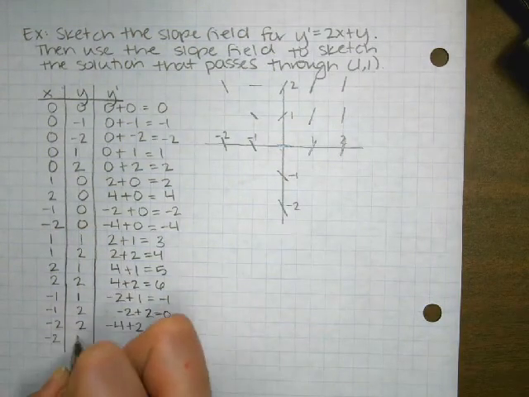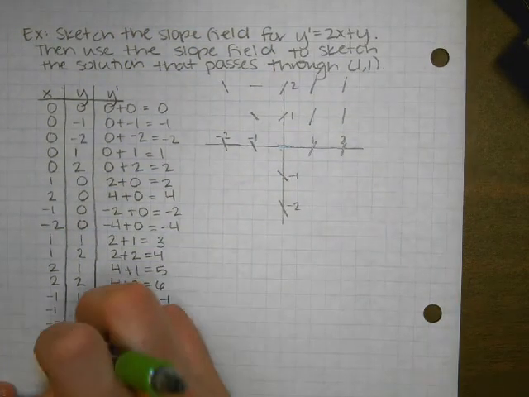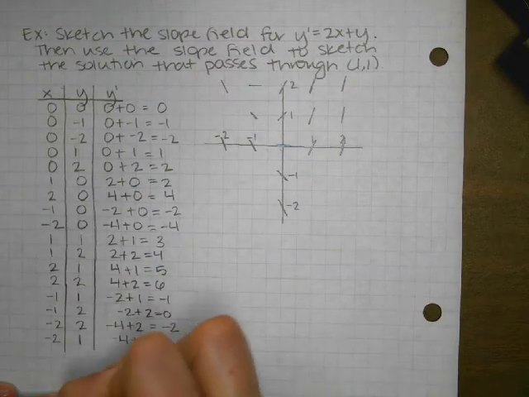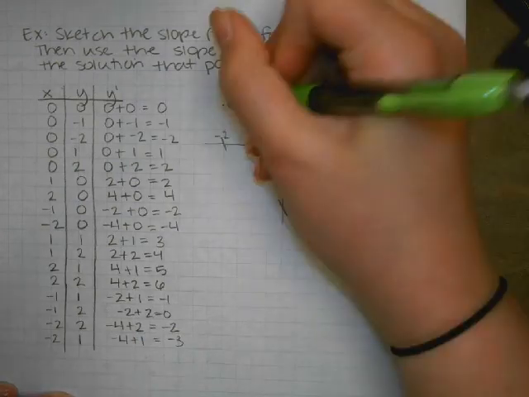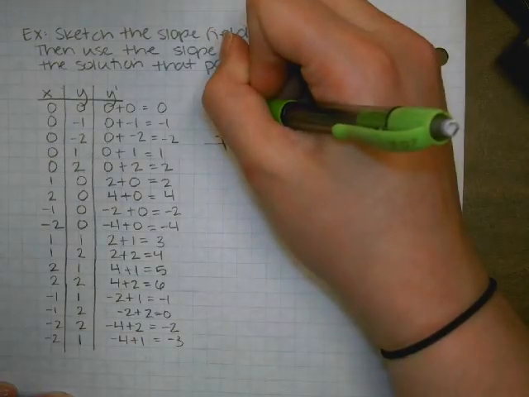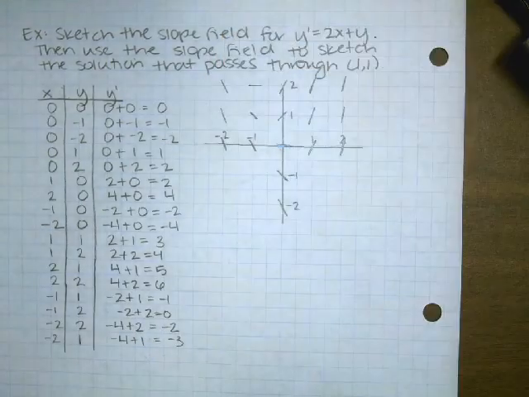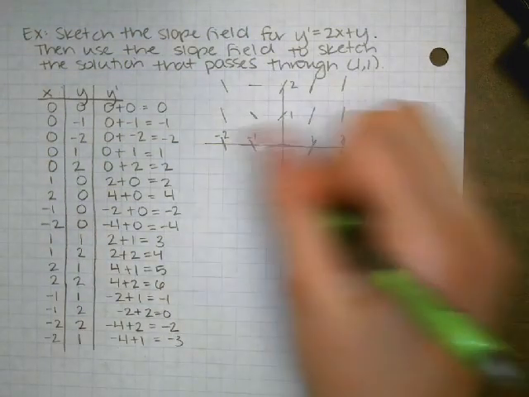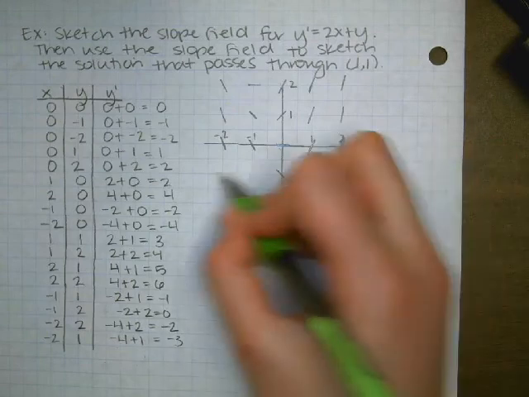Negative 2 plus 1, positive 1, is negative 4 plus 1 is negative 3. Okay, I'm not going to do all the ones on the bottom, but I'll at least do the ones.